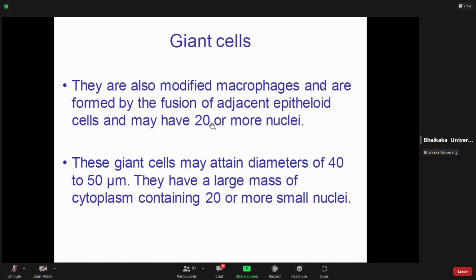An individual giant cell has a diameter of 40 to 50 micron in size. They have a large mass of cytoplasm containing again 20 or more small nuclei.